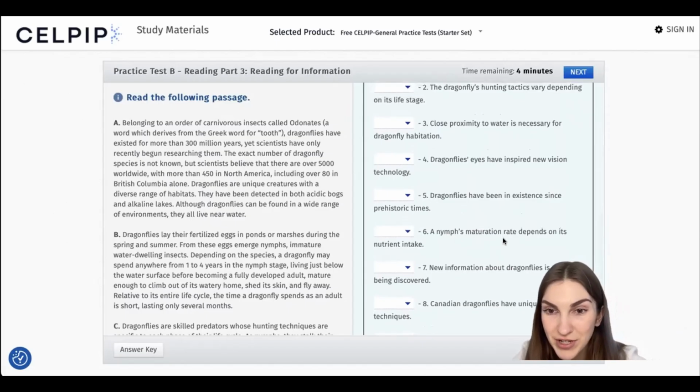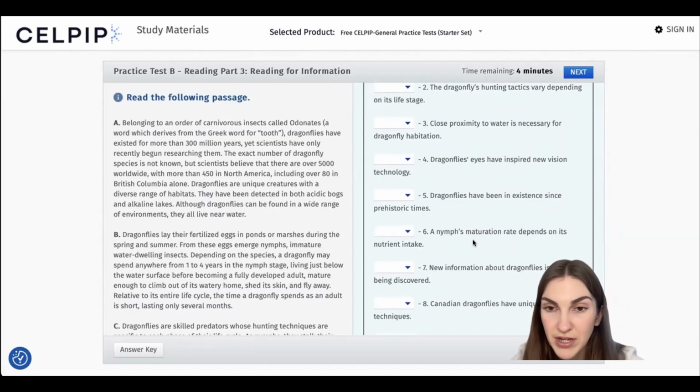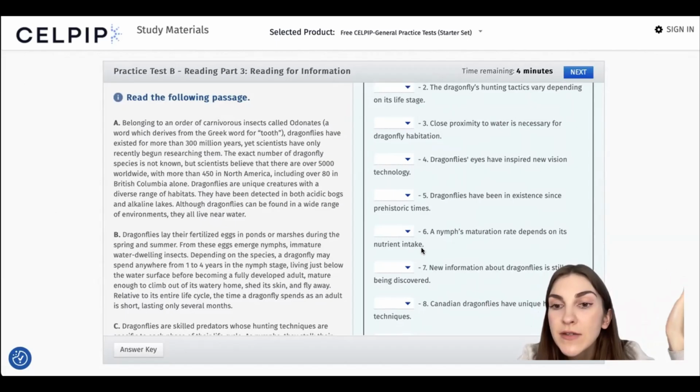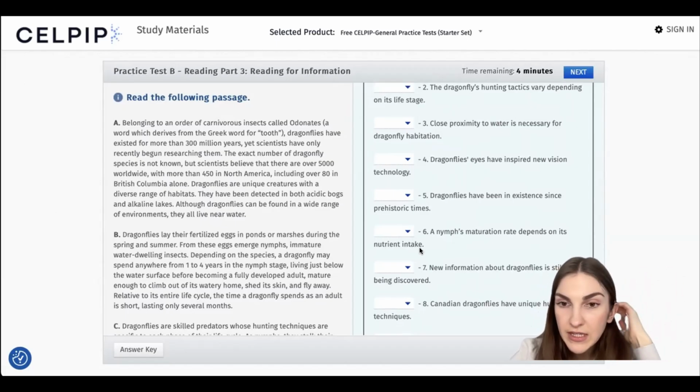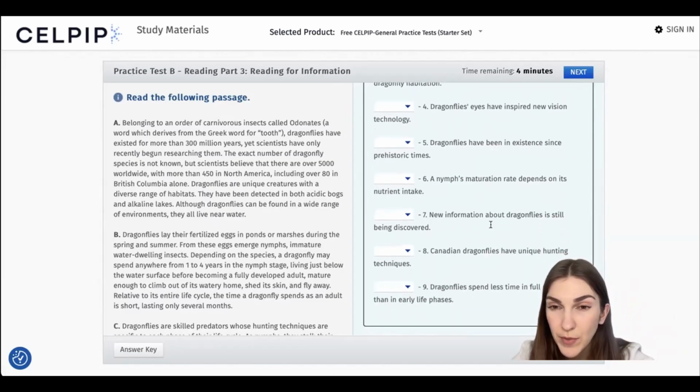A nymph's maturation rate depends on its nutrient intake, so how much food they eat, what kind of food they eat, the rate they're growing. New information about dragonflies is still being discovered, finding out something new.